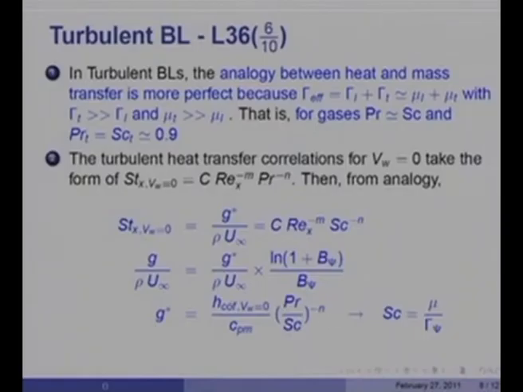So, you can see now how we can calculate, and Schmidt is nothing but mu by gamma psi. So, we can actually get the effective value of G star.